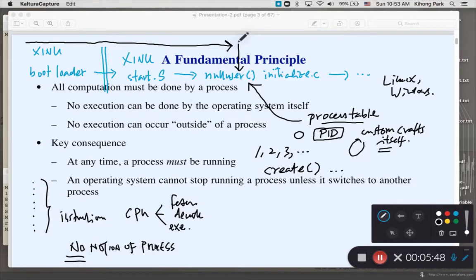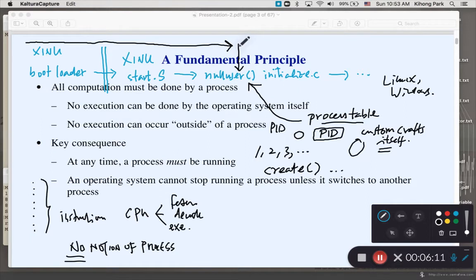But from here on, when this process table is set up and then the first entry is created, which means this code now, this function, is now being run under the name of an existing process called process number 0, PID 0.